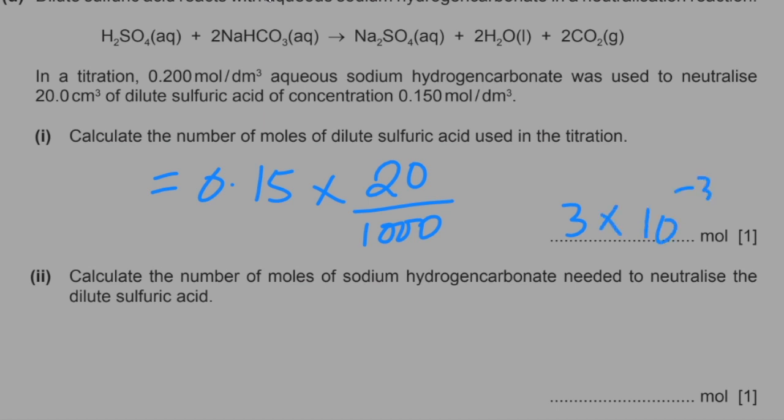Two, calculate the number of moles of sodium hydrogen carbonate needed to neutralize dilute sulfuric acid. Alright, so first we calculated the number of moles of sulfuric acid, and now you need to calculate moles of sodium hydrogen carbonate. But since we're not given any quantity other than just the concentration, you can use the ratio of the equation to calculate the number of moles.